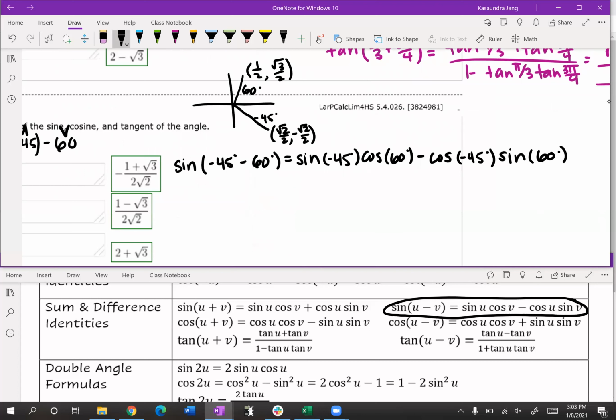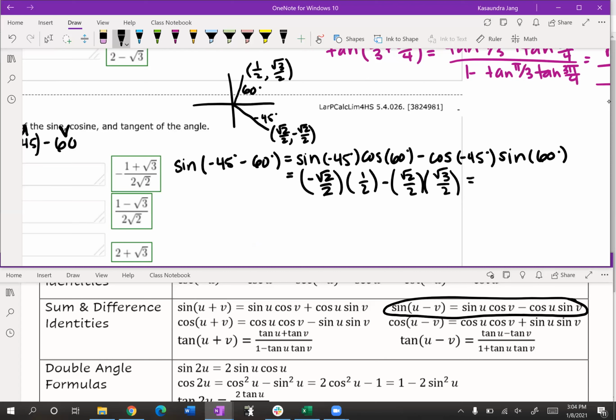All right, which means I've got sine of negative 45, like the y value here at the negative 45 is a negative root 2 over 2. Cosine at the positive 60 is a 1/2 minus cosine of the negative 45 degrees, so positive root 2 over 2, and sine of 60, the y value root 3 over 2.